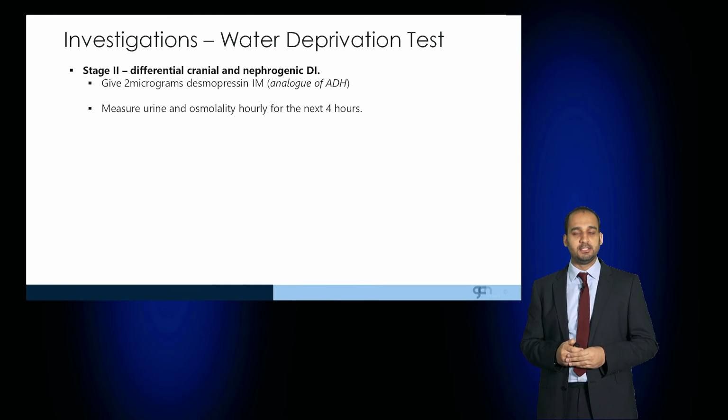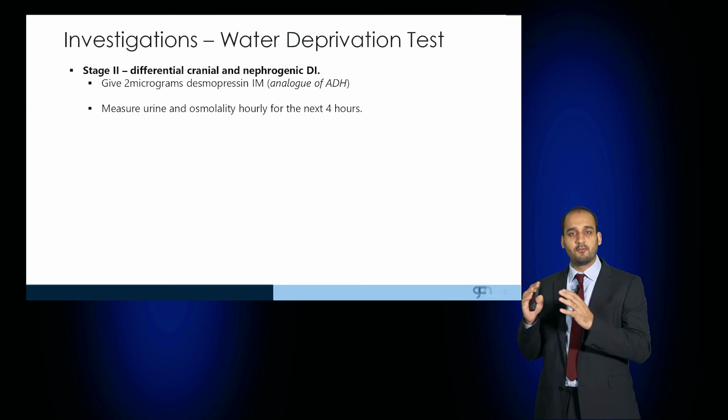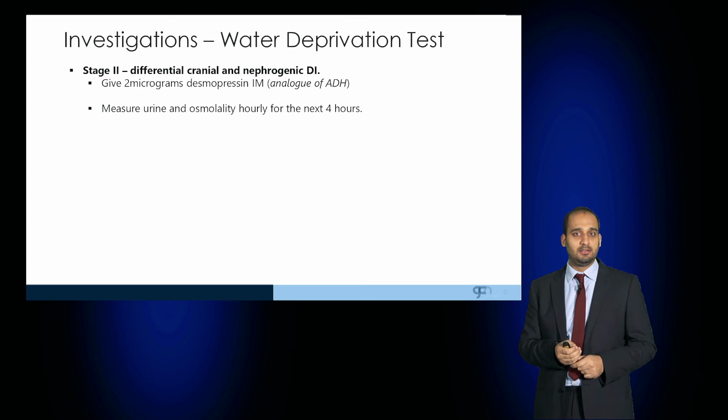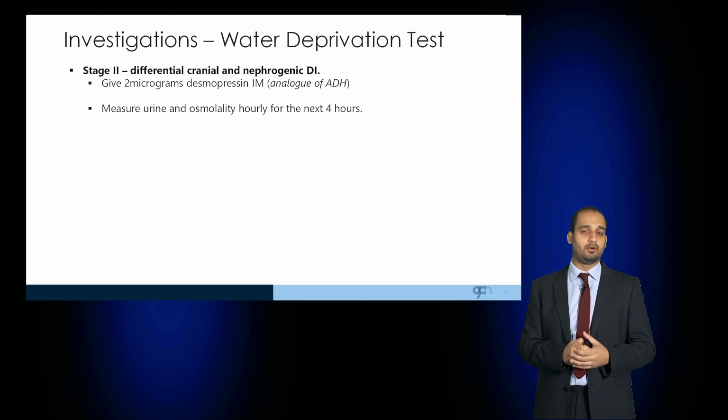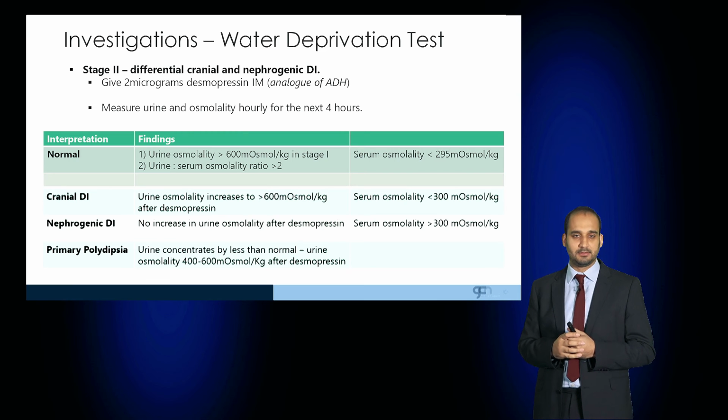The second stage is to help distinguish cranial diabetes insipidus from nephrogenic diabetes insipidus. Intramuscular desmopressin, which is an analogue of antidiuretic hormone, is given. The normal response would be, as a consequence of antidiuretic hormone, the urine osmolality climbs.